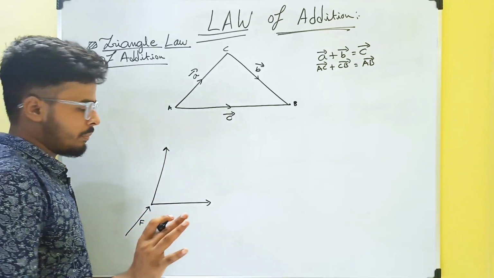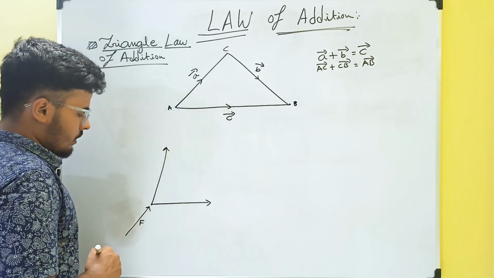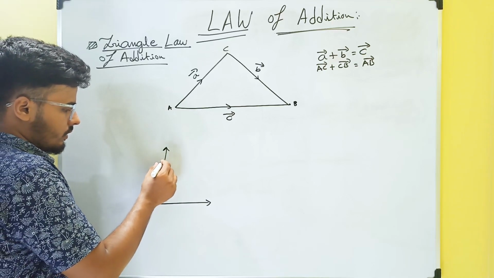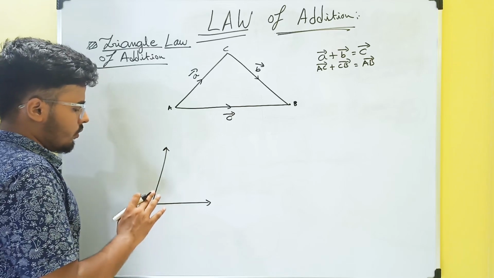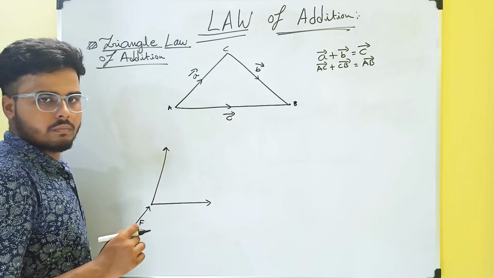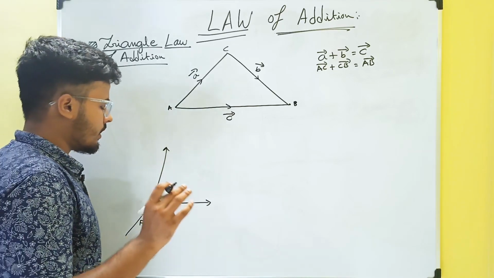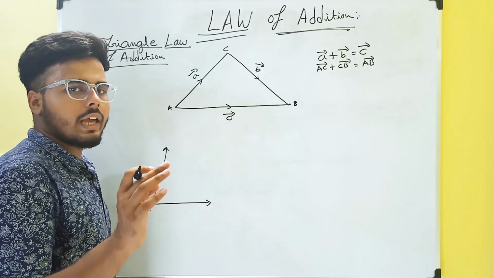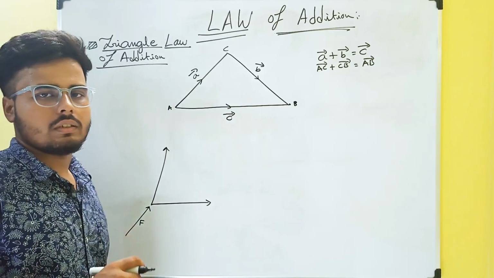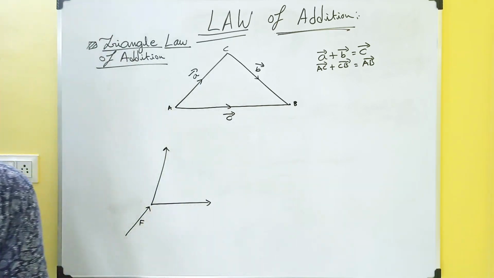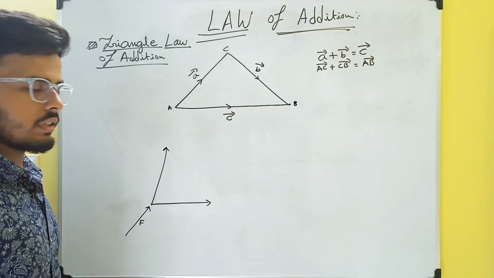Suppose so. These two are both vectors individually. But what is their resultant vector? If we were asked what the actual resultant force was, then how can we measure that?